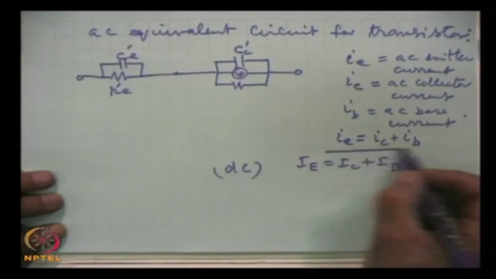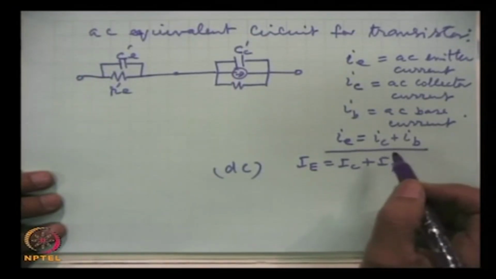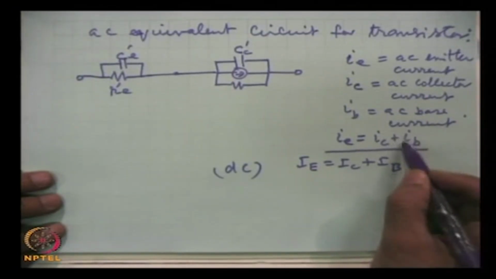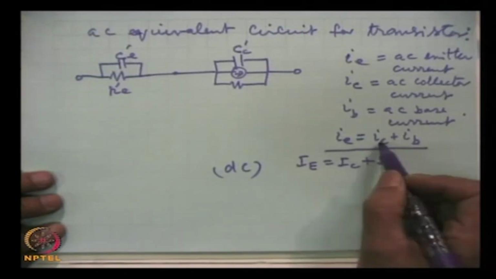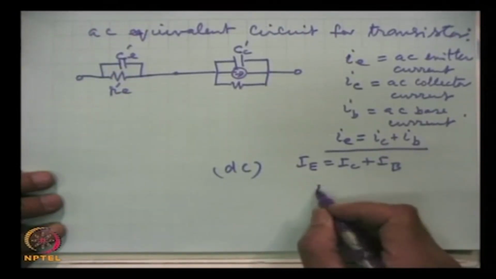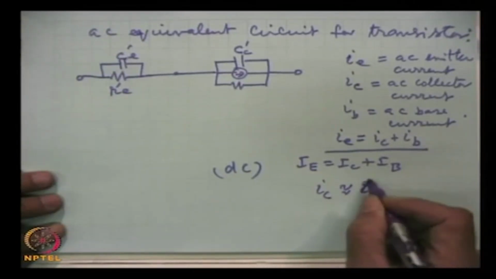So, this still holds, and in many situations, as we will see, in transistor analysis, because the base component is at least 2 orders of magnitude smaller, I C will be equal to I E.